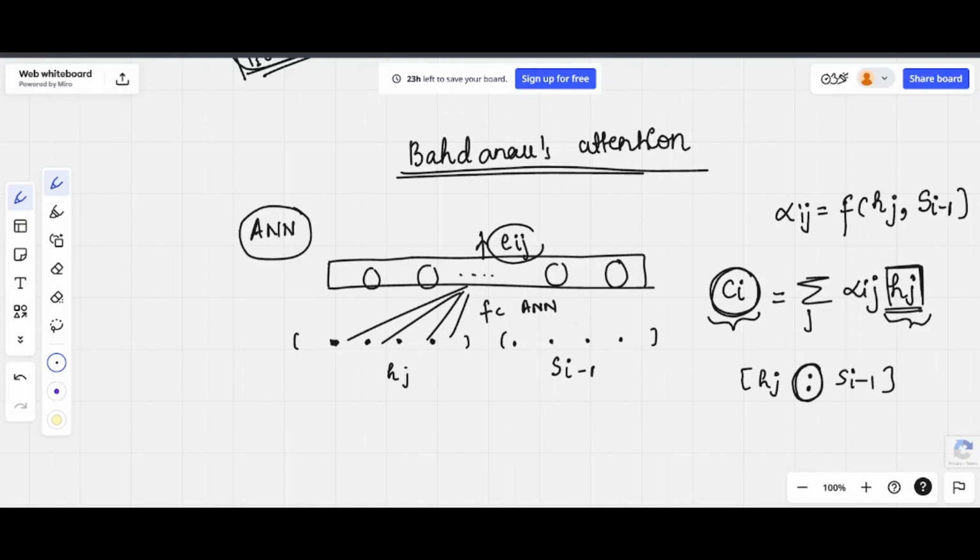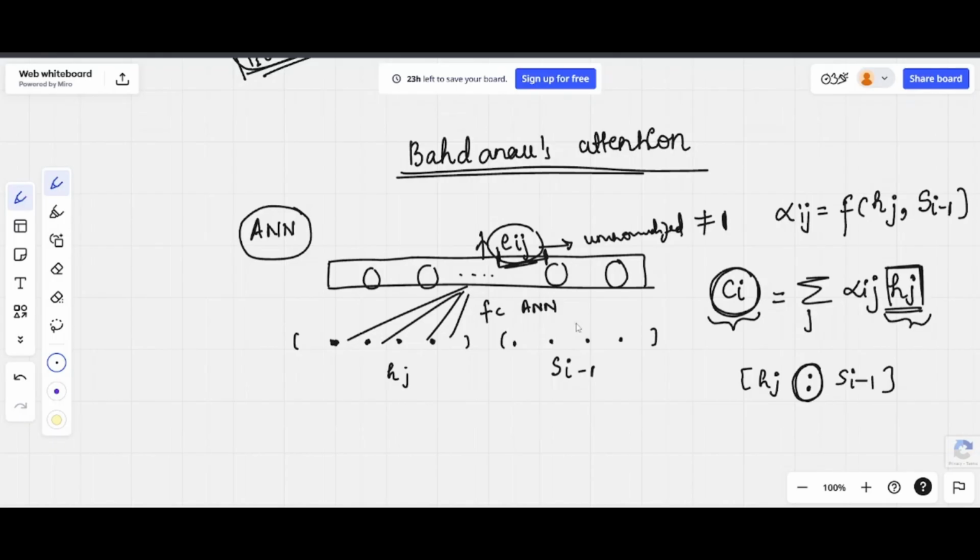This eij is currently not normalized. By unnormalized, I mean that if I consider all the weights for a particular time step, then the sum will not be equal to 1.